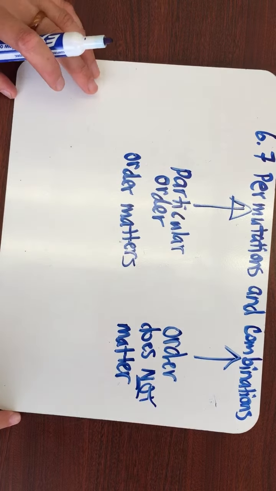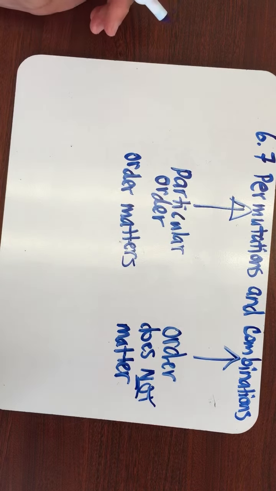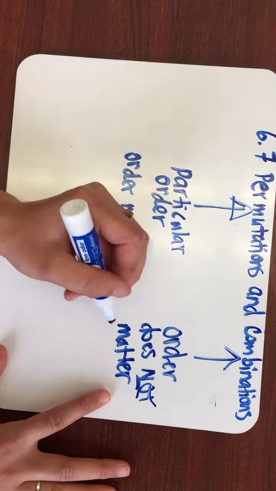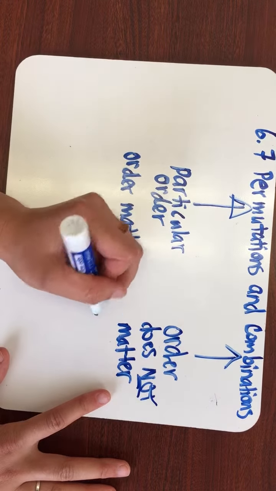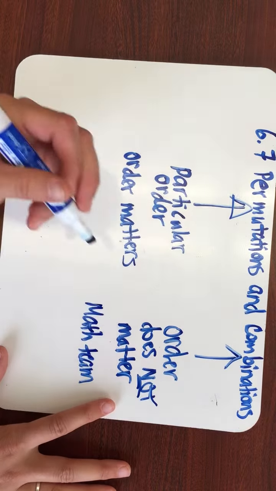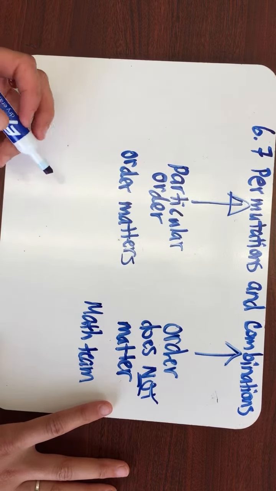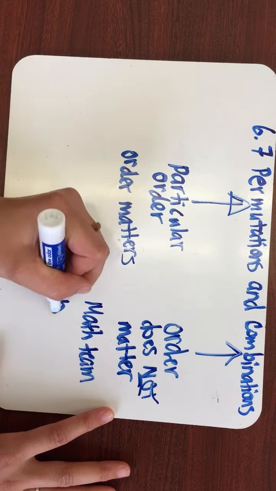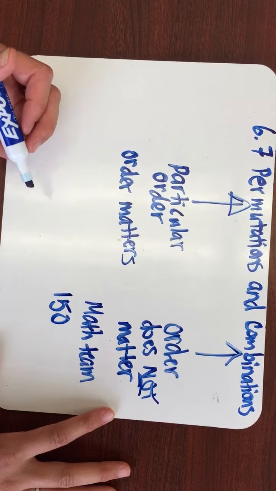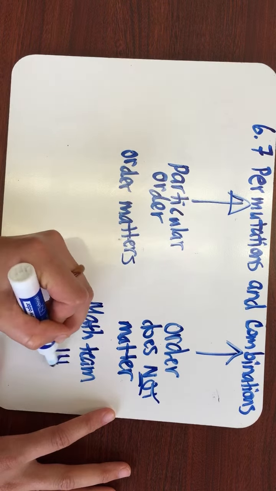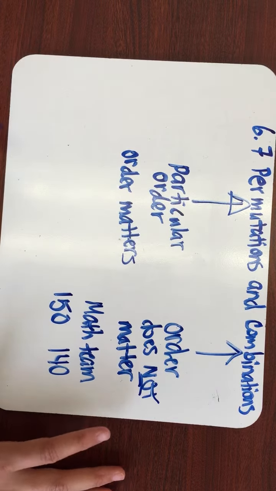So if we're thinking of an example for a combination, we can look at something like forming a committee or a team. So if I have a math team, and I'm going to choose from all of my students, it's going to be a pretty big team. So I have about 150 students, and I want about my top 140 students in it.